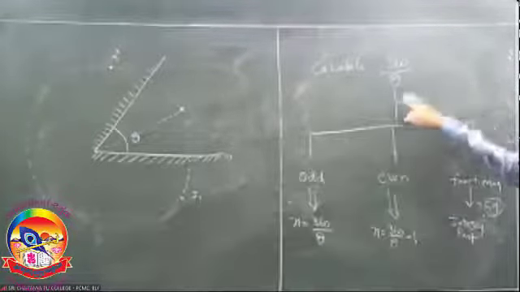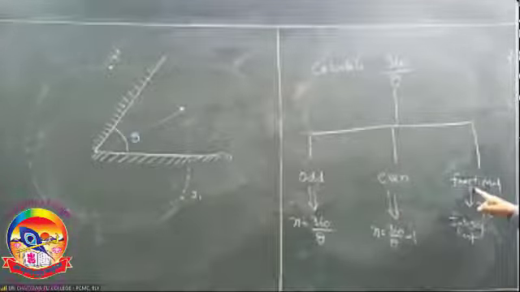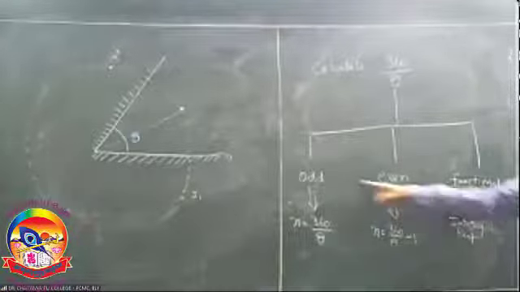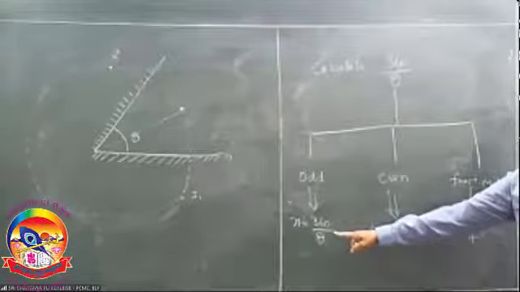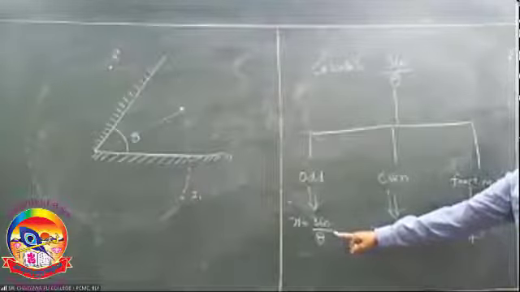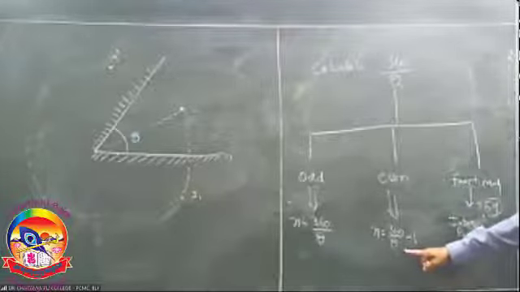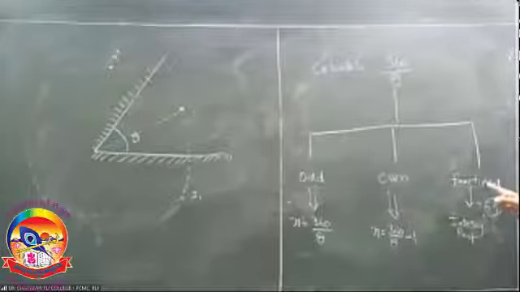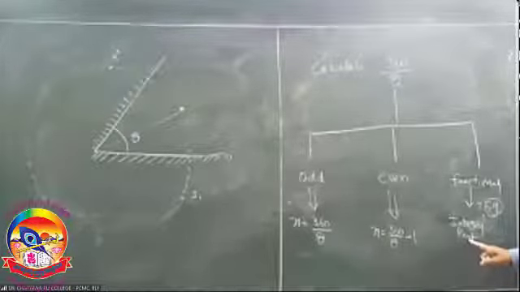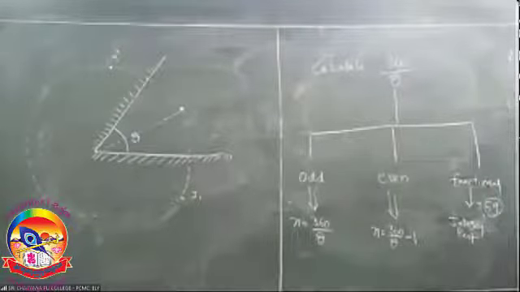The obtained value may be odd, even, or a fraction. If odd, the number of images is 360 by theta only. If even, the number of images is 360 by theta minus 1. If it is a fraction, take only the integer part and forget the decimal part.